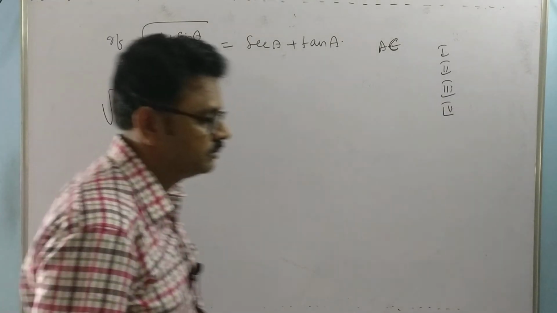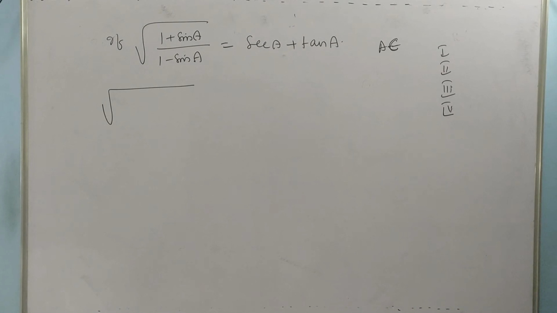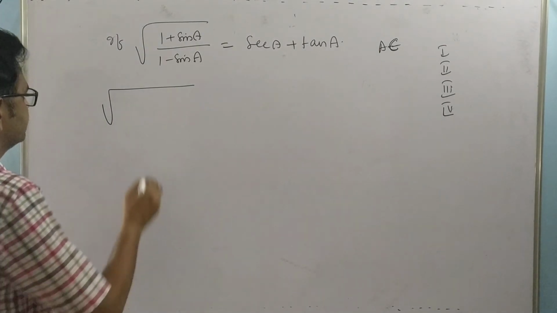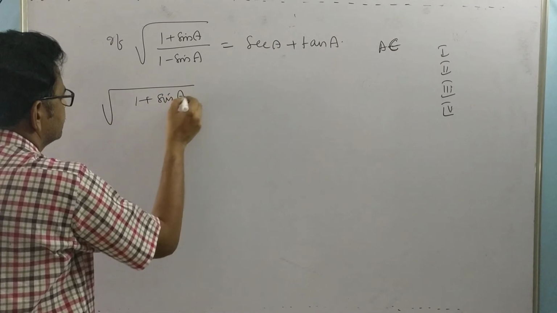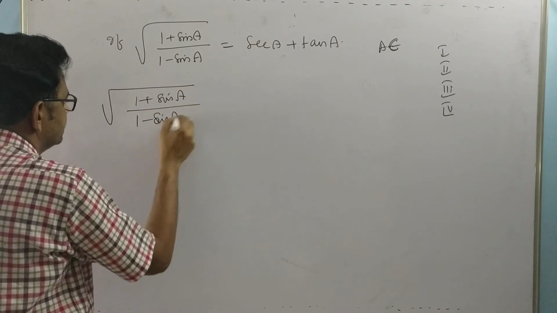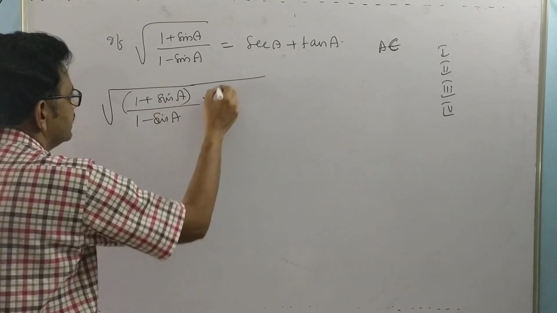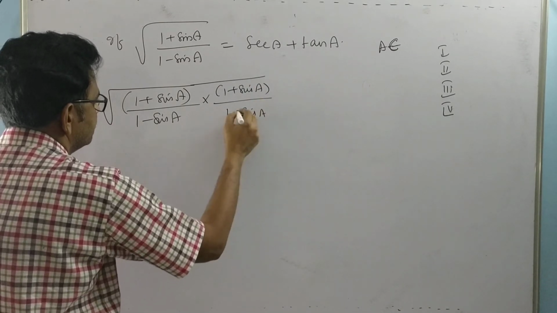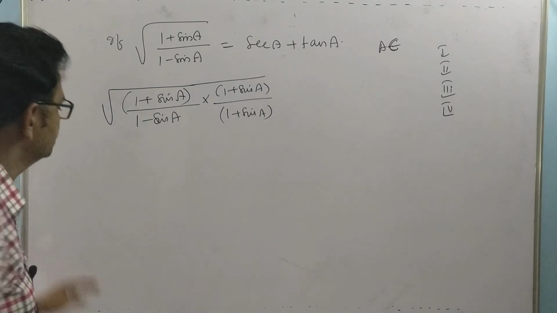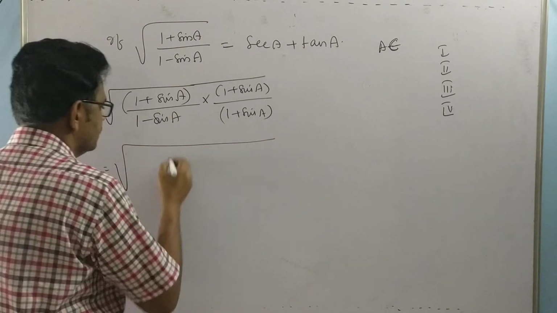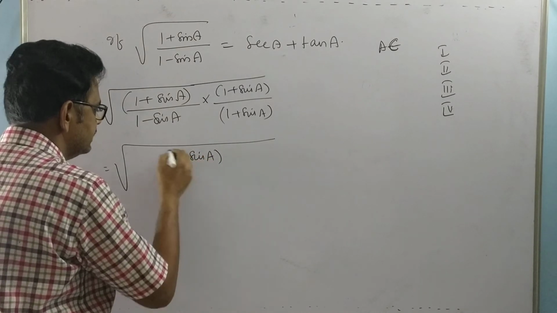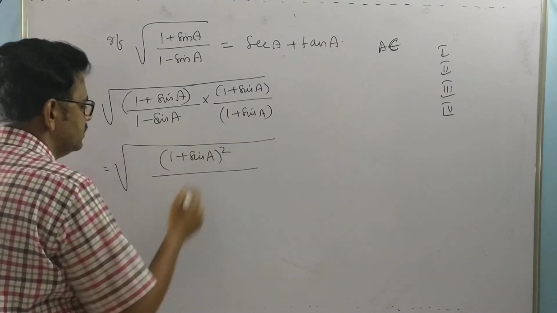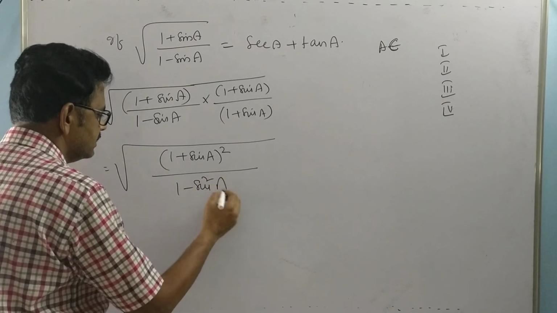This is root of 1 plus sine A by 1 minus sine A, multiplying and dividing by 1 plus sine A. So this is root of 1 plus sine A whole square by 1 minus sine A into 1 plus sine A, that is A plus B into A minus B, A square minus B square.